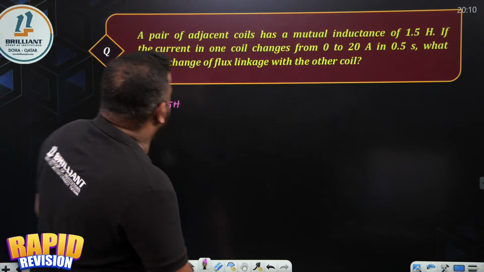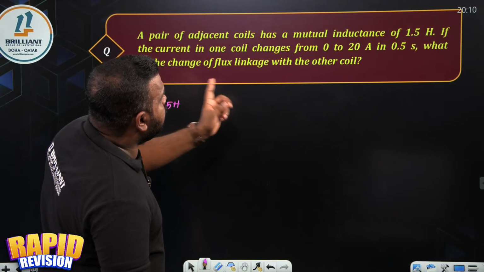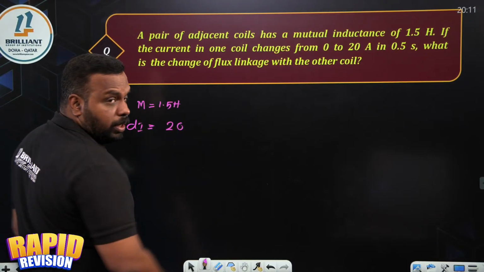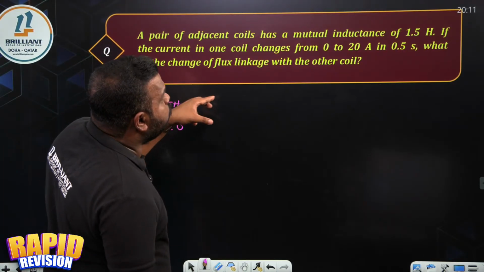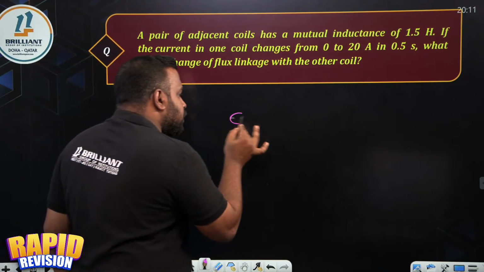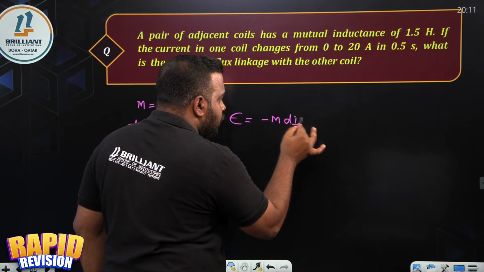So how can we find here? Mutual inductance is given. Change in current di is 0 to 20 ampere. So change in current di will be 20 only. We have to find change in flux. So what is the formula with us? E is equal to minus M into di by dt.